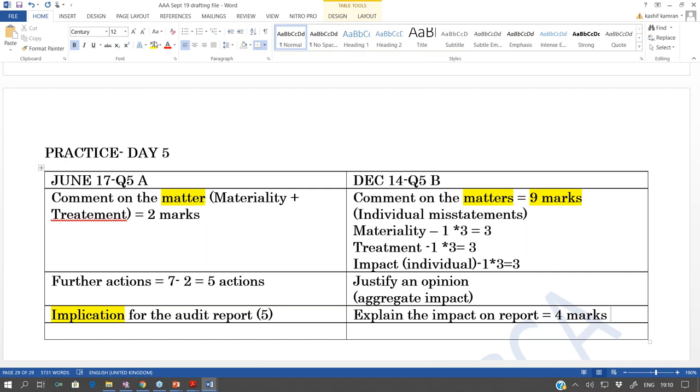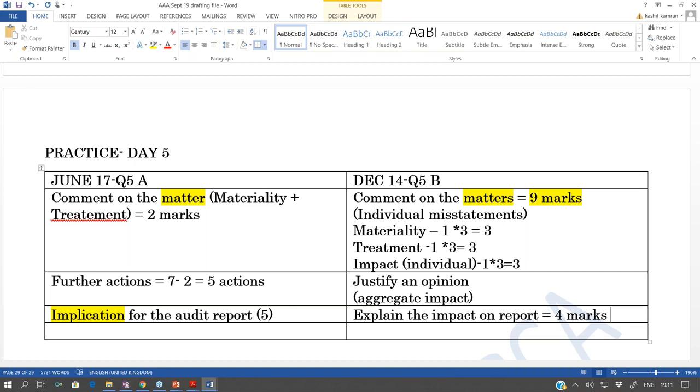Now tell me one thing. Did you get something from the last 10-15 minutes about how important it is to read and understand the requirement? The examiner was saying students should read the requirement carefully. Now there might be many repeaters who are repeating the AAA exams in September.